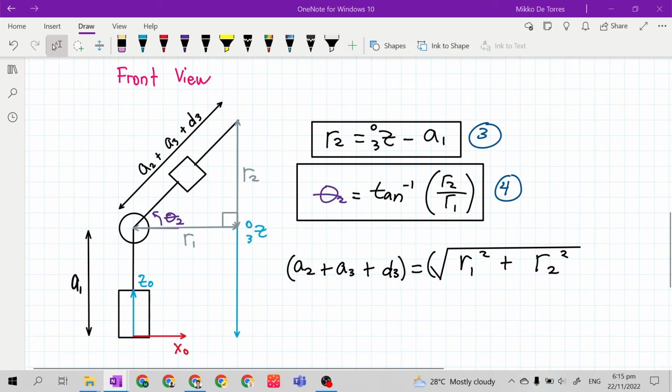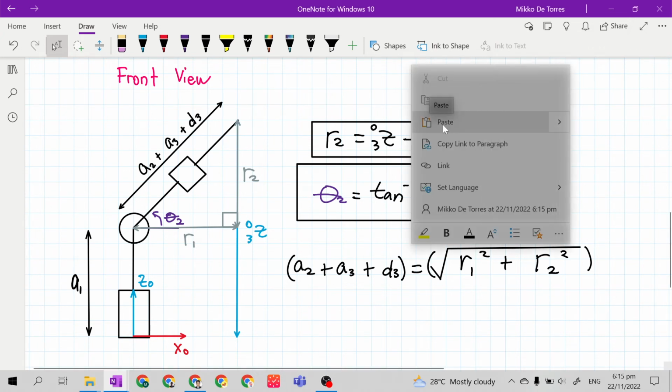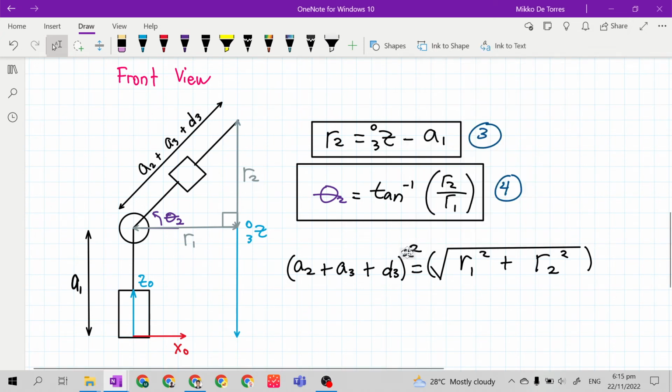So that we can apply the rules of algebra, if we remove first the radical sign. So this will become like this.